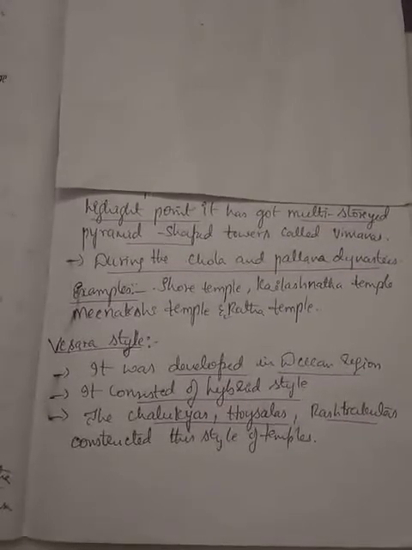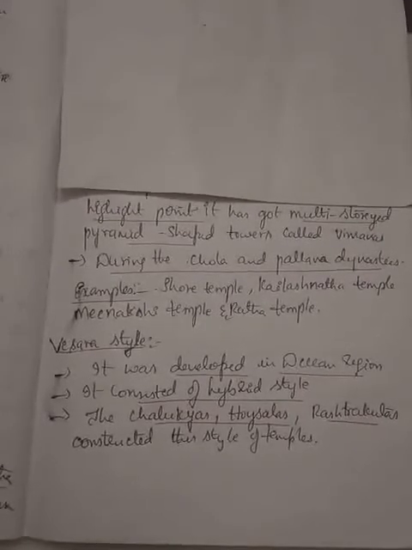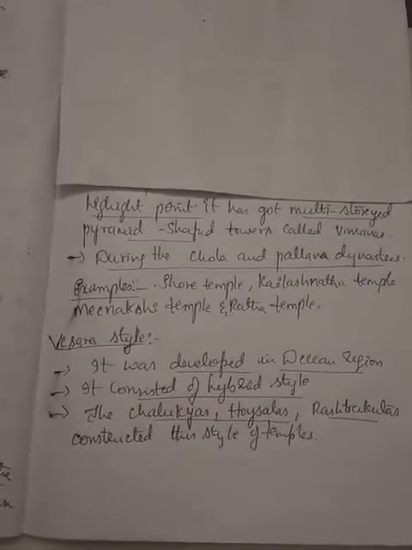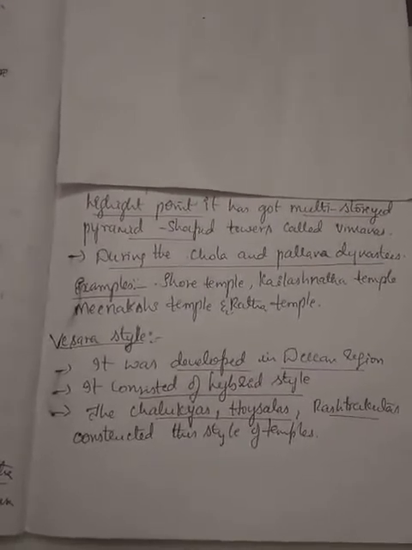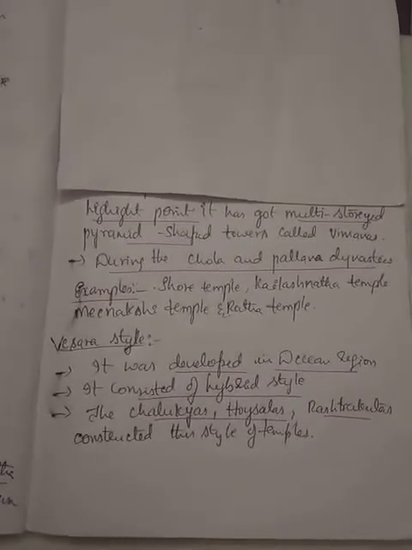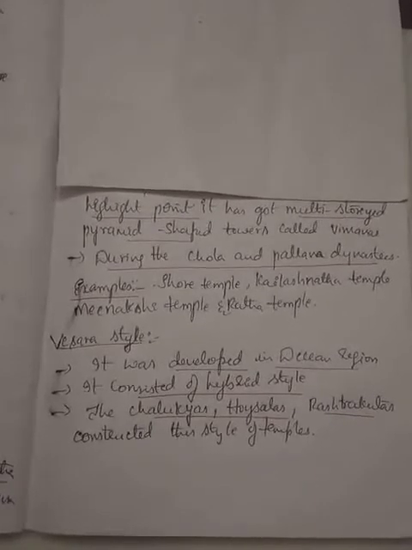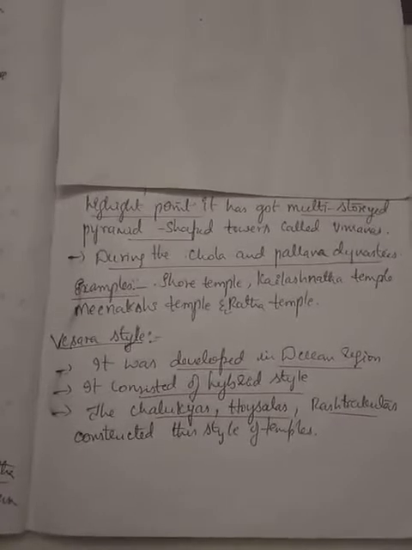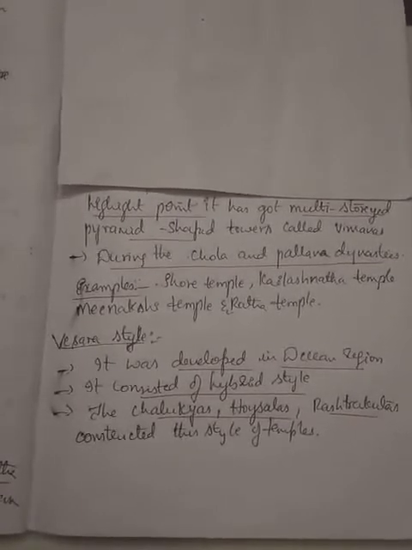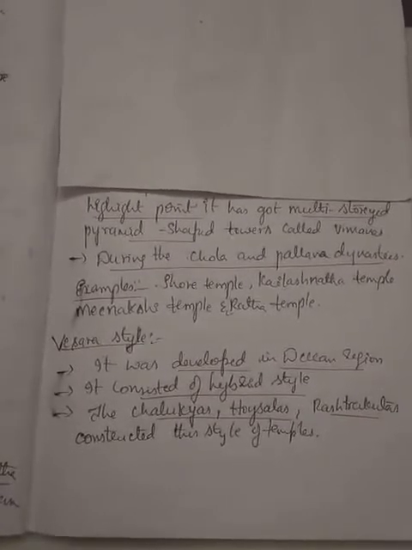Garbhagruha is a square chamber, in a square shape, where the image of the chief deity was kept. That is the main god which we worship, kept in the Garbhagruha. Next, Pradakshina path is a passage meant for prayer, where we do pradakshina around the temple.